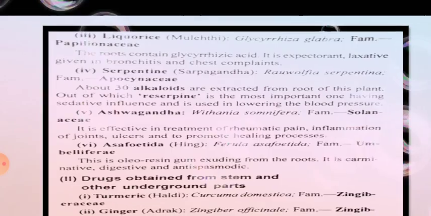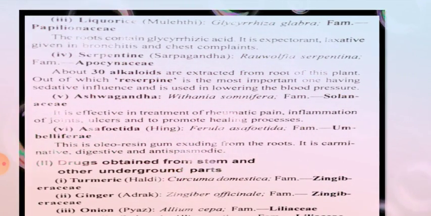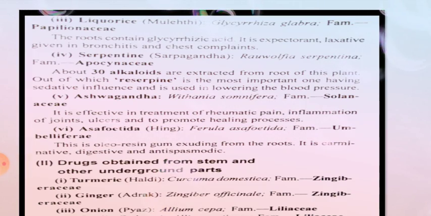Then comes licorice, which we normally call mulethi. It is obtained from Glycyrrhiza glabra, belonging to the family Papilionaceae.